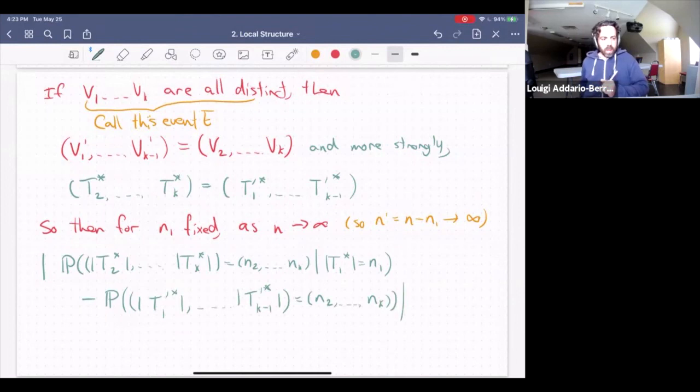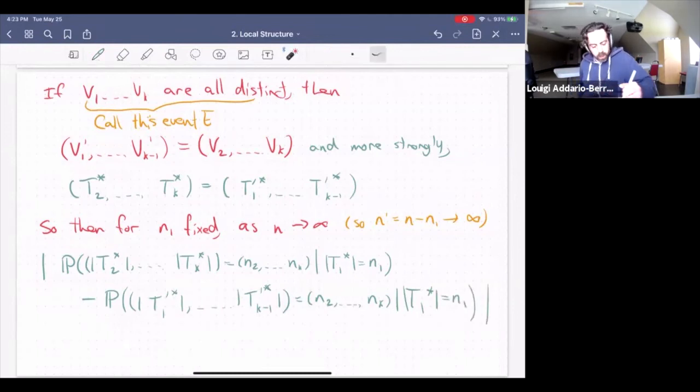How can we bound the difference between those two events, given that that first tree had size N1?